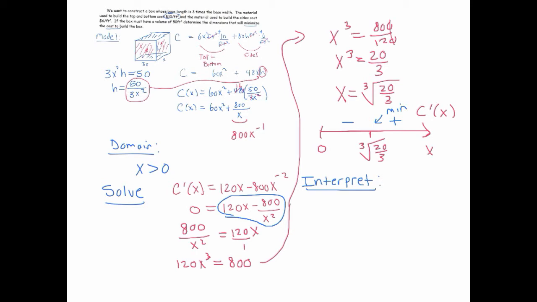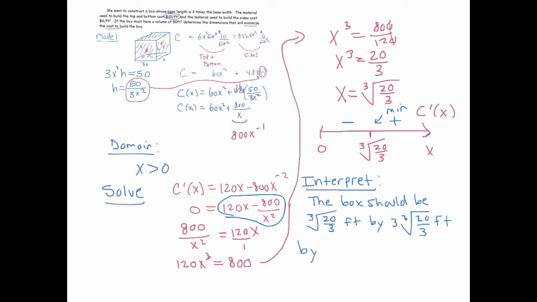And so we're asked for the dimensions, right? The box should be x by 3x, so that means the cube root of 20 thirds, and the units here are feet, by 3x, so 3 of those, feet, and then I guess I've got to find the height.